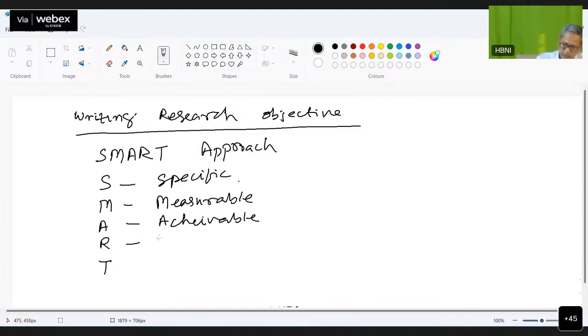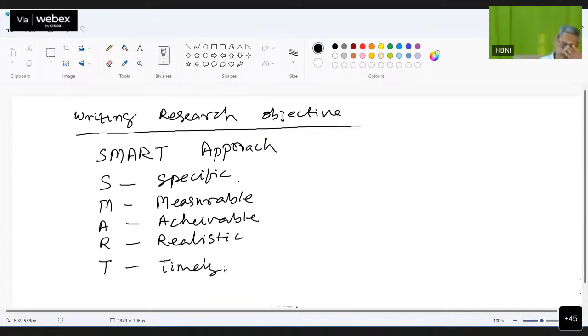And it should be realistic. Your proposal should be realistic also. And it should be timely. You should be able to complete it in a certain time. When you are setting your research objective, all these five steps are to be considered.